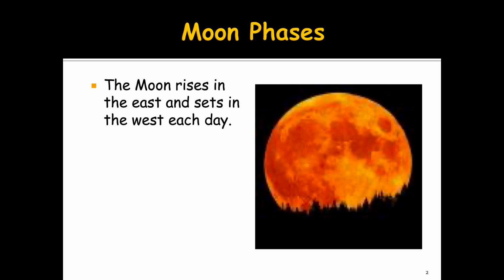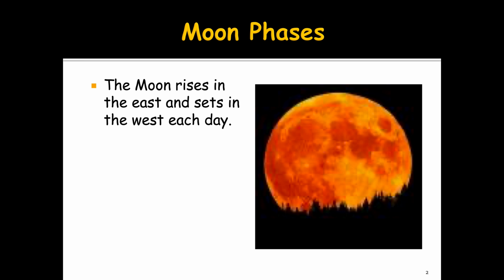So to get rolling, the Earth rotates and revolves around the sun. Check. We've covered that quite a bit, right? Well, the moon slowly rotates as it revolves around the Earth.